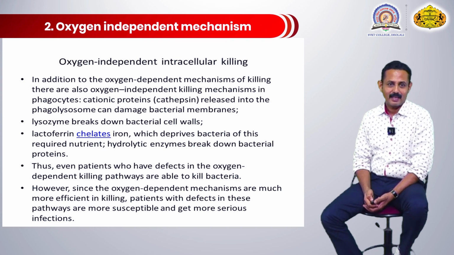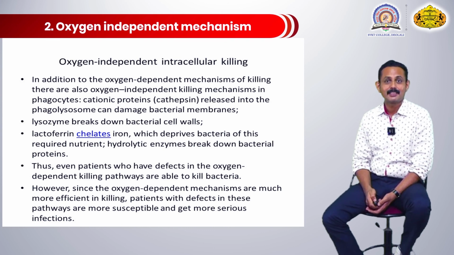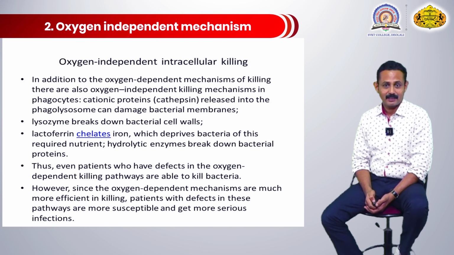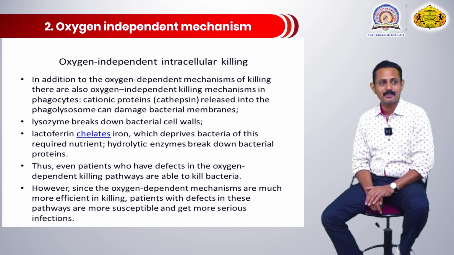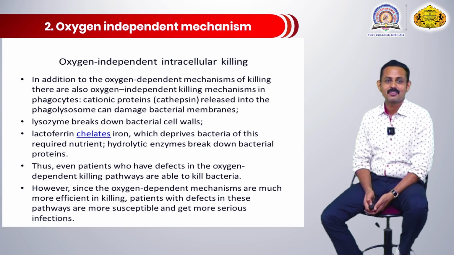and that's why patients who have a defect in the oxygen dependent killing pathway are also able to kill the bacteria by this type of mechanism. That's why, if the oxygen dependent mechanism is not working, these independent mechanisms are still working for the destruction of the antigen.